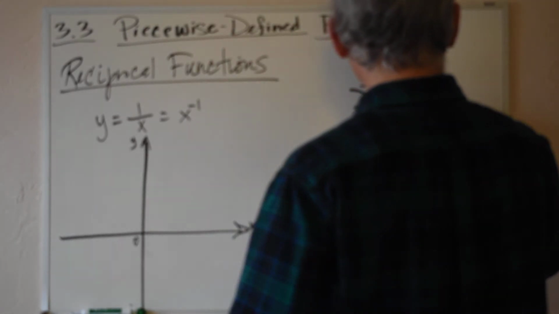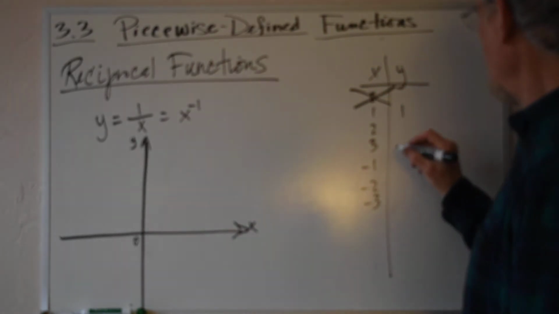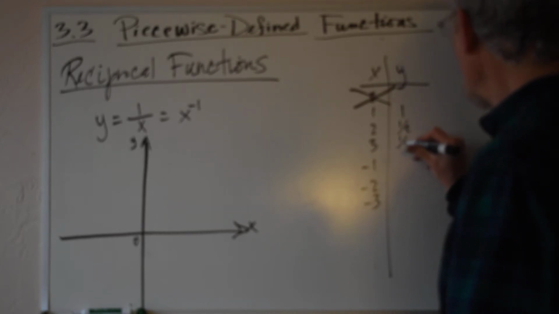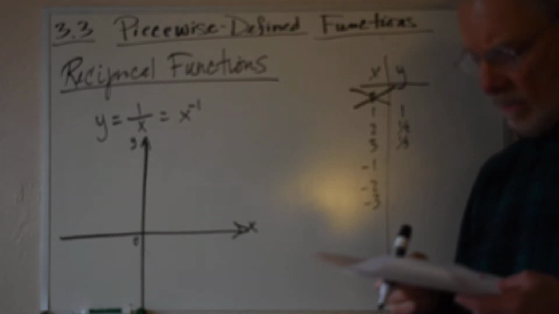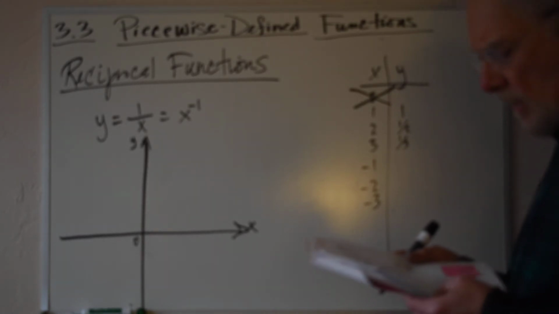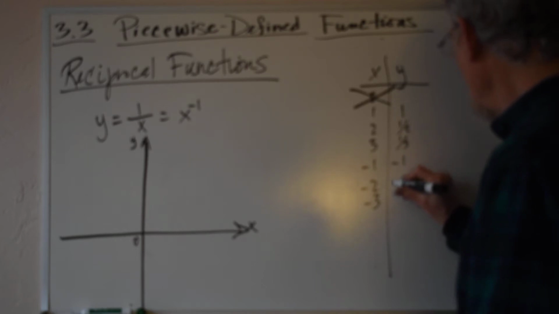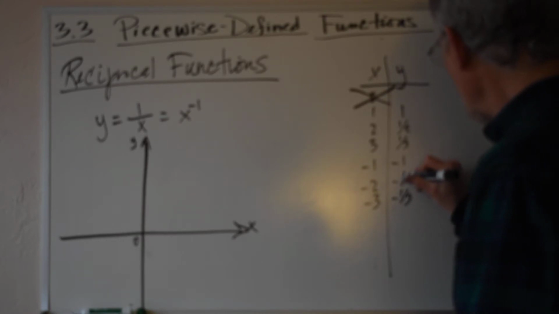When x is 1, y equals 1. When x is 2, y equals 1/2. When x is 3, y equals 1/3. Okay, I can use those results and reason, same thing happens here, but with minus signs in front.